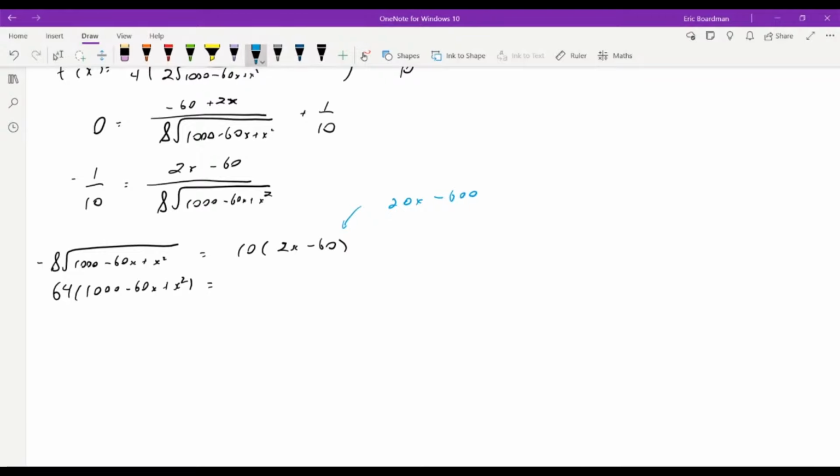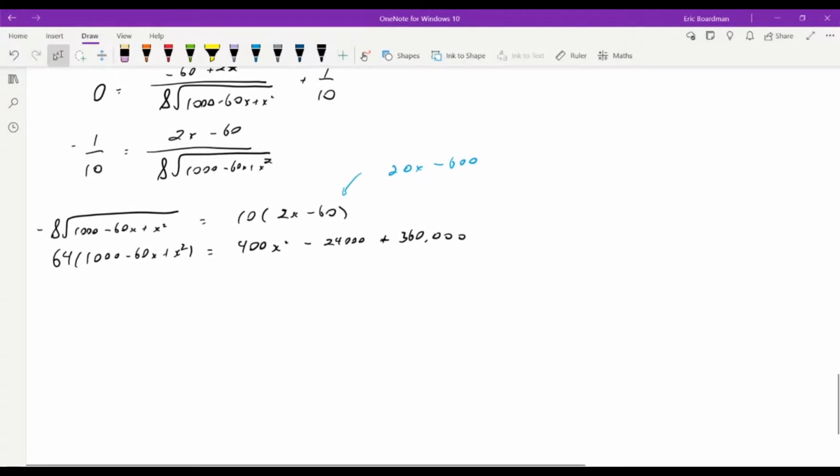So 20x squared, that's 400x squared, minus 2 times 20 times 600. So that's minus 24,000. And then plus 600 squared. And 600 squared is just 360,000. So these are some pretty big numbers, but they should work out in the end.